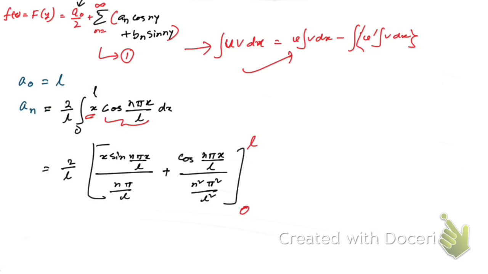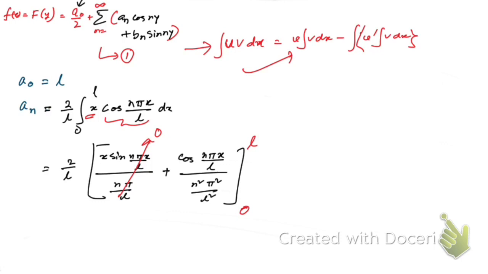Now see 0 to L. If you replace x by L, the L will be cancelled, and sin nπ is equal to 0. That's why this part of the result will be 0.